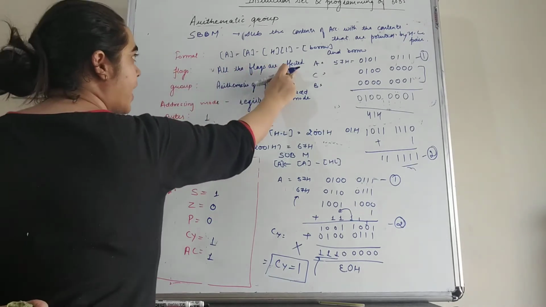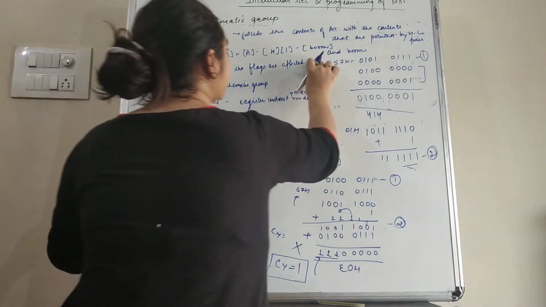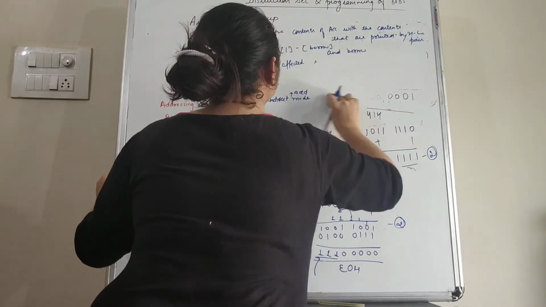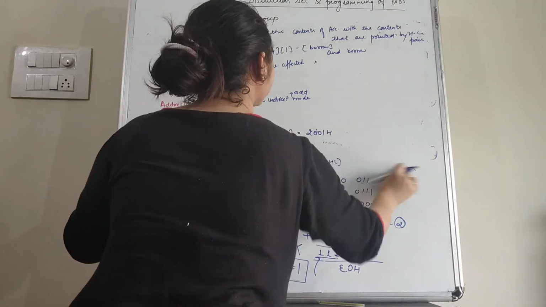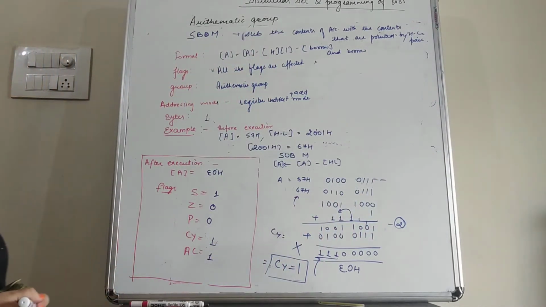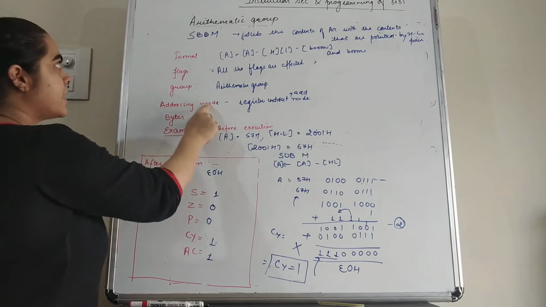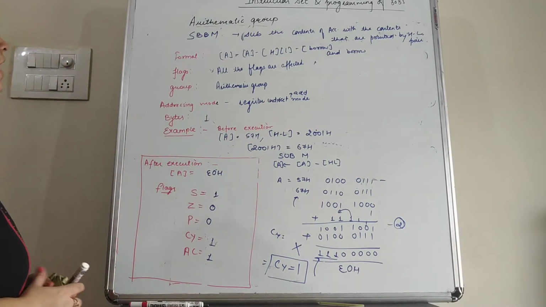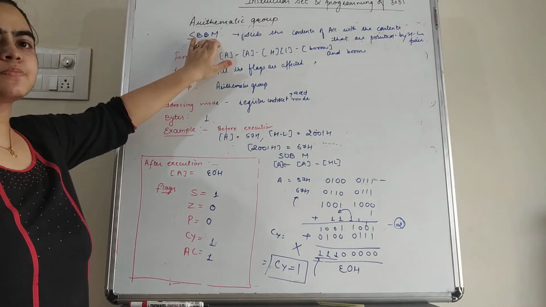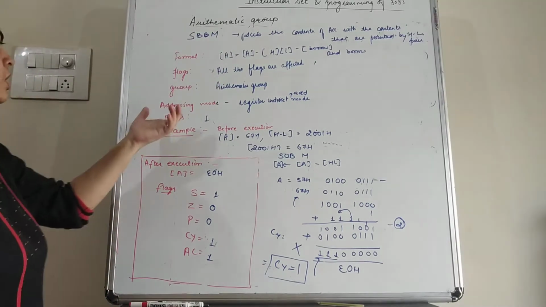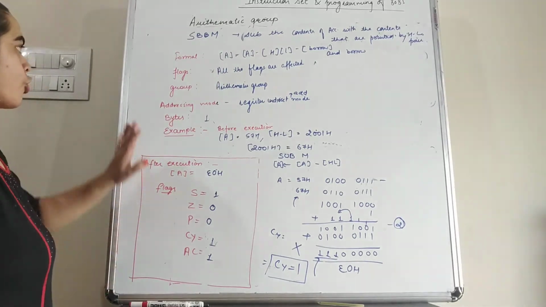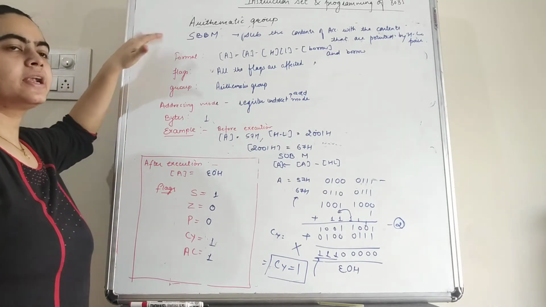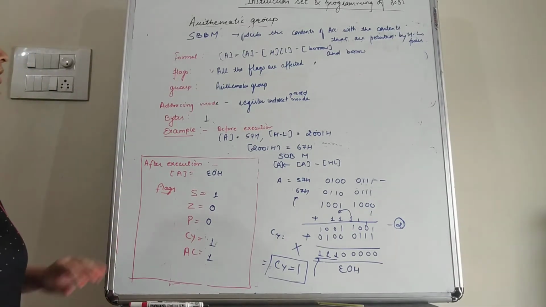All the flags are affected by this instruction. Next is group. This instruction again comes under the arithmetic group. Next is addressing mode. Again the addressing mode is register indirect addressing mode because M is specified in the instruction. Bytes: only 1 byte is occupied because no immediate data and address is given in the instruction.